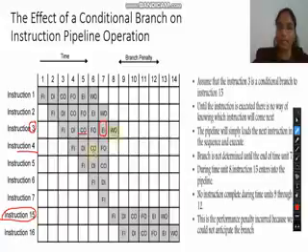Till this point, all the other sequential instructions were in different stages of the pipeline. For example, instruction 4 has already come to the level of fetching the operands, instruction 5 is calculating the operands, instruction 6 is decoding, and instruction 7 is fetched at this point of time.